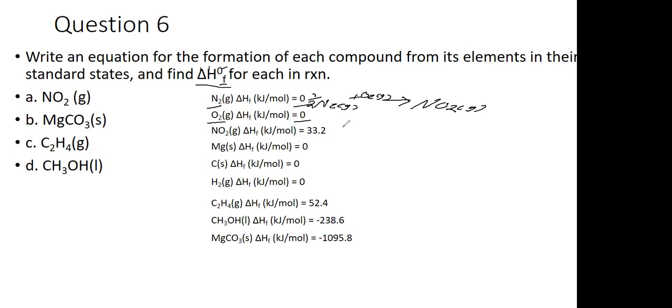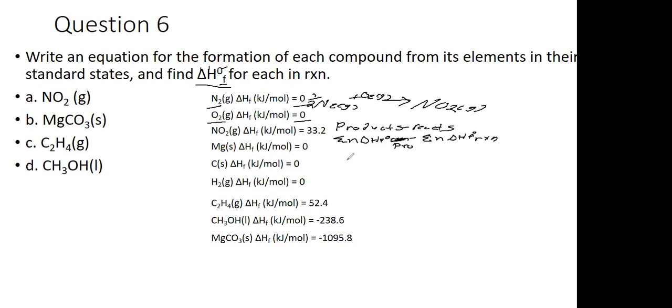Now we have to calculate the delta H of formation for this reaction. So our equation is you take the products first, it's products minus reactants: the sum of n times delta H of formation of your products minus the sum of n times delta H of formation of your reactants.